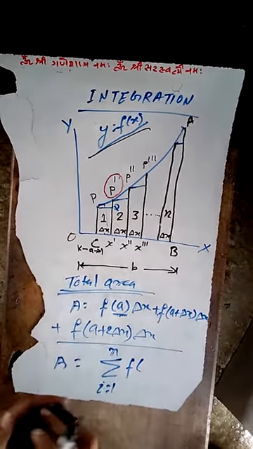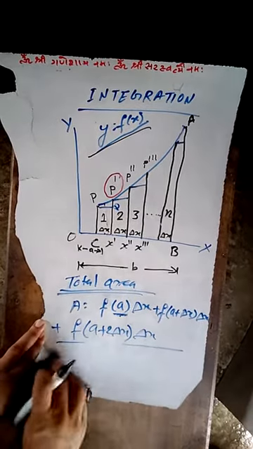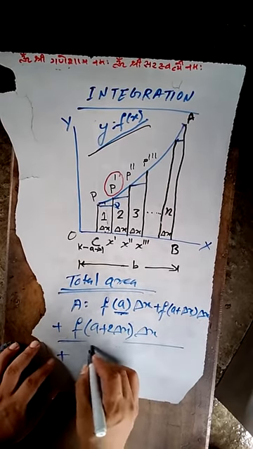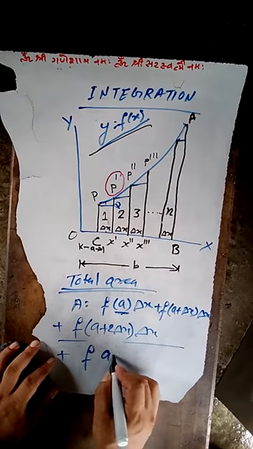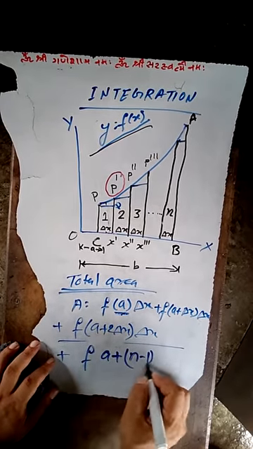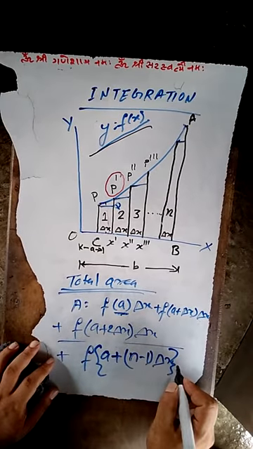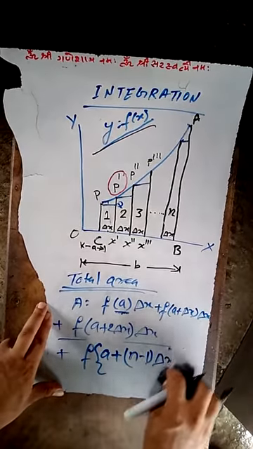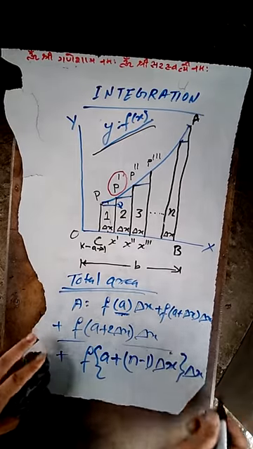Before writing this, you can write the nth term. What will be the nth term? The nth term will be f of a plus n minus 1 into delta x, into delta x.